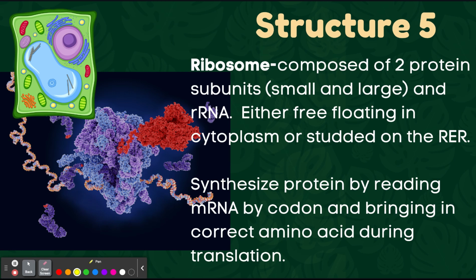I don't know how they differentiate that, but just remember that we go from DNA to RNA to protein. What we see in this picture, it's a still image, but this long strand here is going to be the mRNA. It's going to read the ribosome. It's like a protein making factory. It's going to read that, bring in the correct amino acid, and link it up with this growing polypeptide chain.